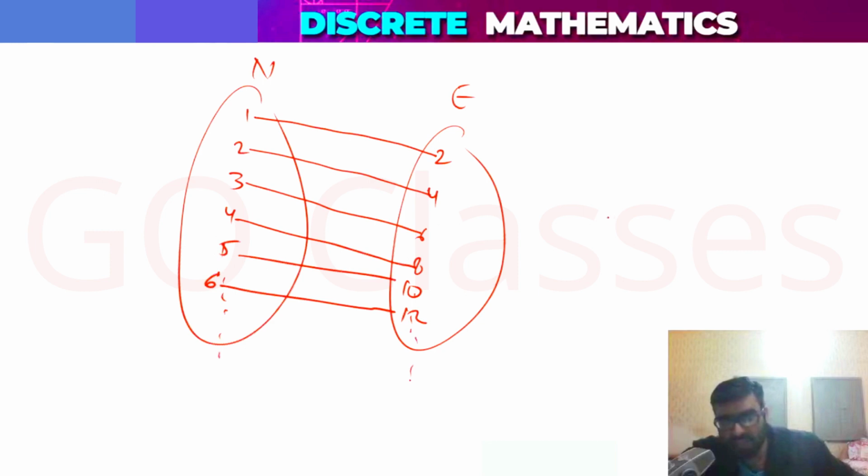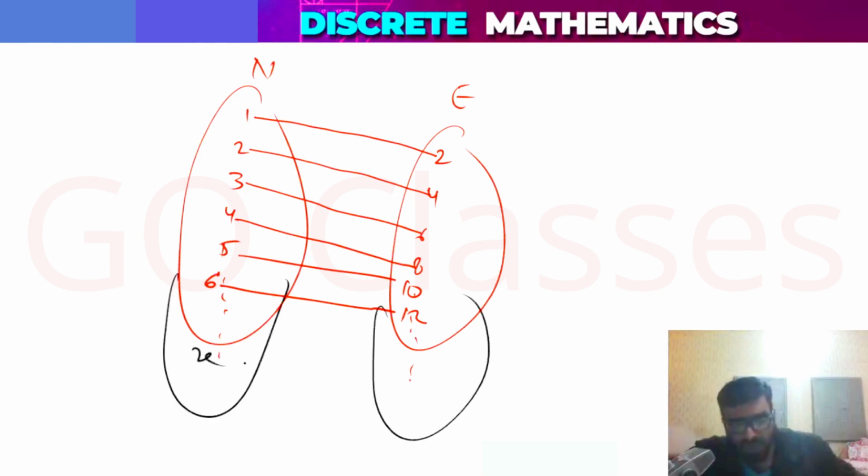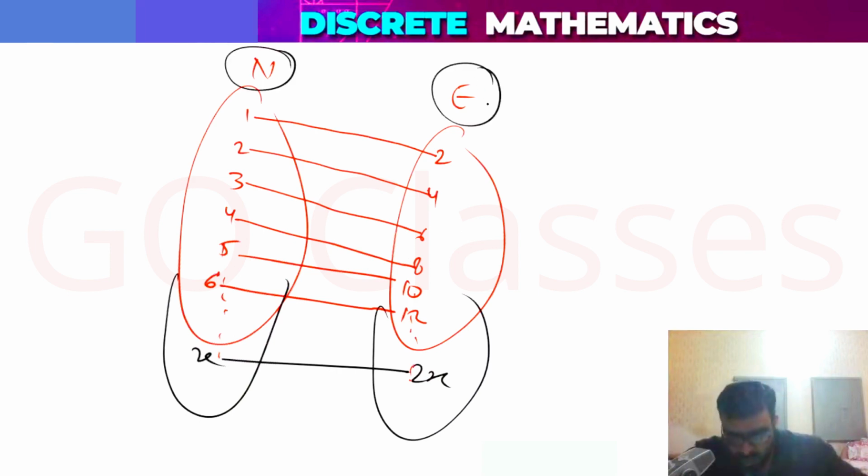You can see that if I have any number x here, then I am mapping this x to 2x. What I have done is put the set of natural numbers in one-to-one correspondence with the set of even natural numbers.